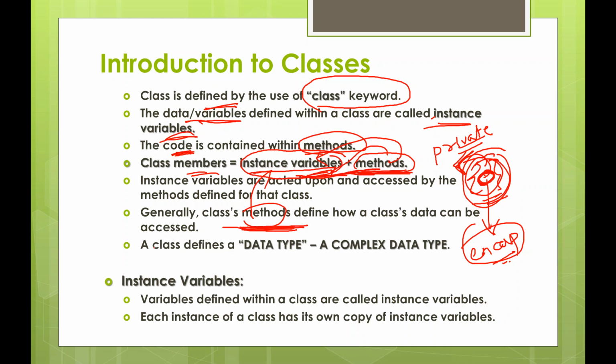As we have been discussing in our previous classes, it is very important to know that a class defines a data type. This is very important, and I will be repeating this time and again. Class defines a data type.